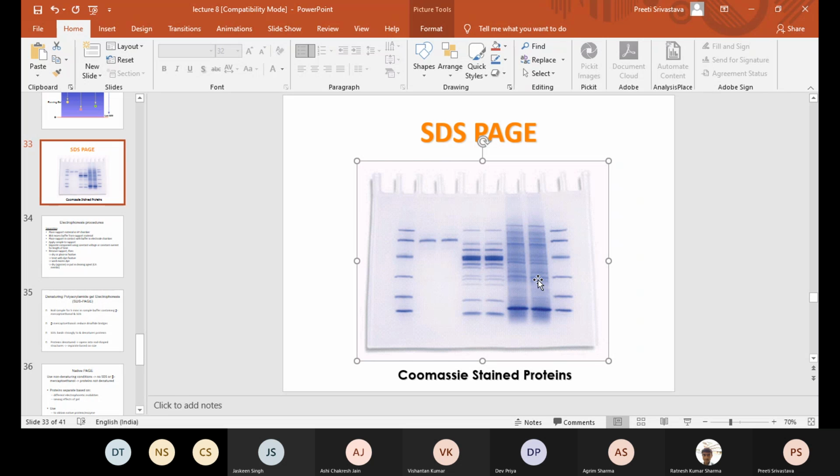For example, ammonium sulfate precipitation can be done so that a few proteins get concentrated, which you are seeing in the fourth and fifth lane. Then in the sixth and seventh lane you can see just one band, which is the purified protein.